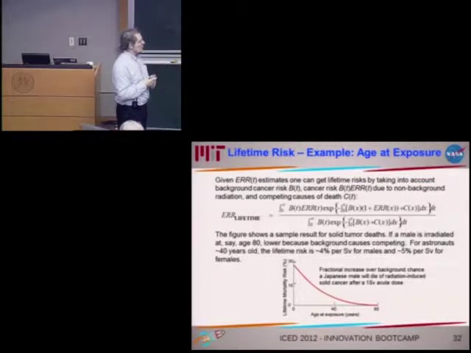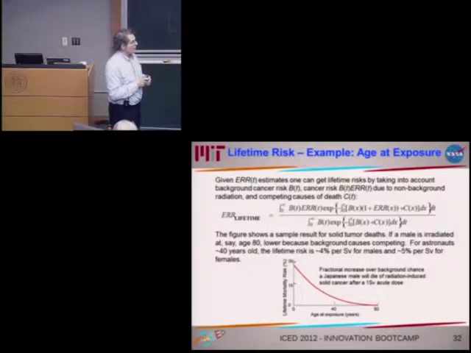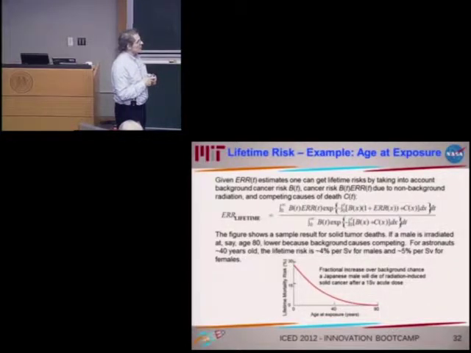So the exponential relates to the probability that neither cause of death has happened up to time t, but then suppose the background cancer happens in the next increment of t. That's the front B of t in the denominator, in the next delta t, and then you integrate over all those things.